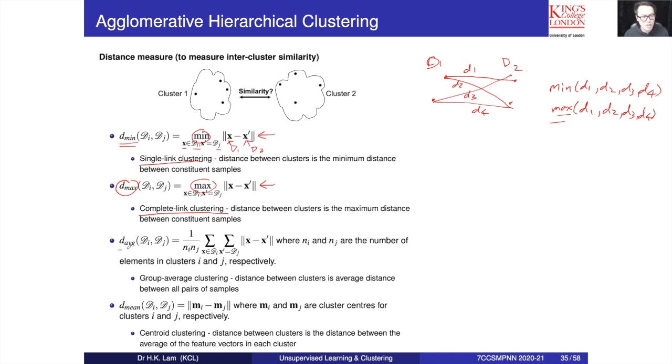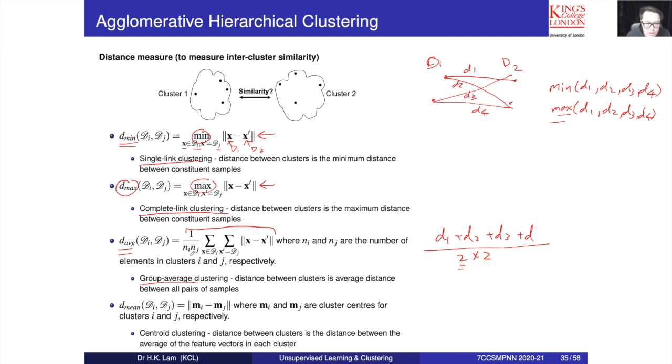Next is D-avg, which we also call group average clustering. Once we have these two clusters, we have d1, d2, d3, d4. This expression tells you that we do d1 plus d2 plus d3 plus d4, divided by 2 times 2.